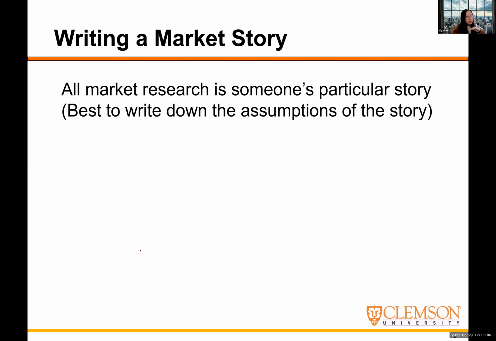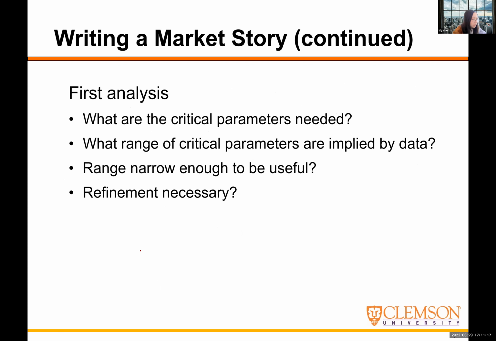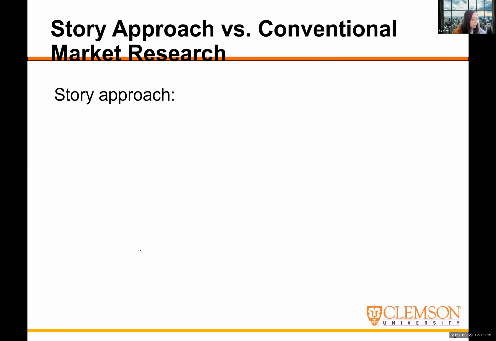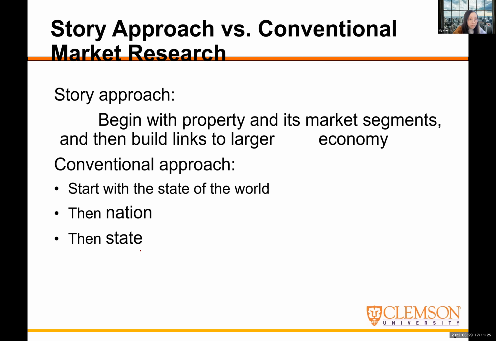The entire chapter gives you a couple of examples to illustrate the research process. This chapter has 3 case studies, and I recommend you go over each case carefully. This slide is about the story approach we just illustrated and the conventional approach.